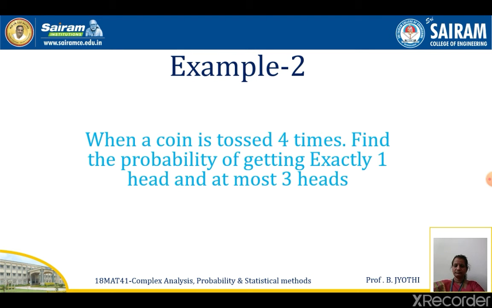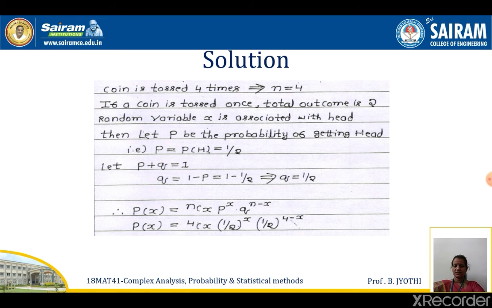Example 2. When a coin is tossed 4 times, find the probability of getting exactly one head and at most 3 heads. Solution. Since the coin is tossed 4 times, this implies n = 4. If a coin is tossed once, the total number of outcomes is 2.